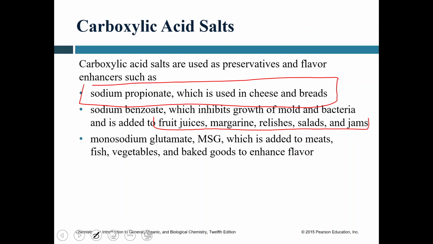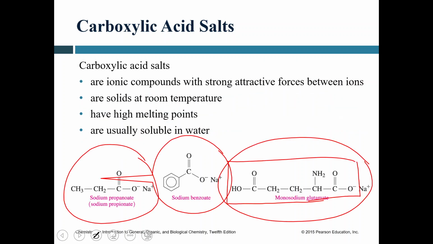It's a known flavor enhancer, and it is added to various products to enhance flavor. Now, a lot of people have an allergic reaction to MSG by itself. Monosodium glutamate is simply a salt of a normal amino acid, glutamine. But in its salt form, people may have an adverse reaction to it.